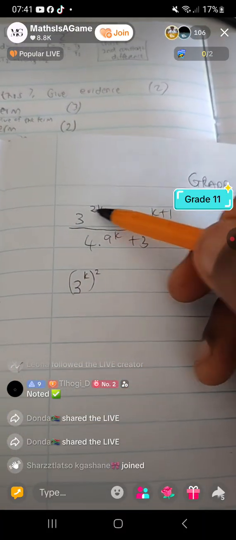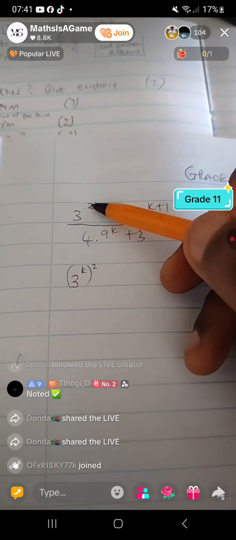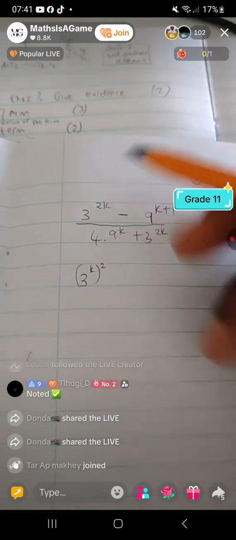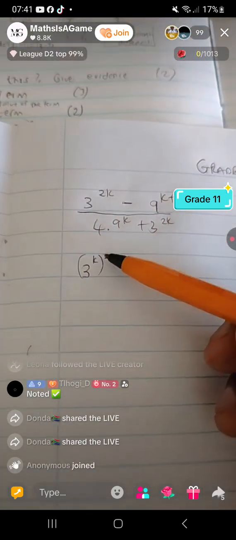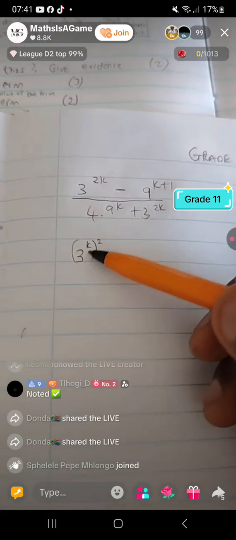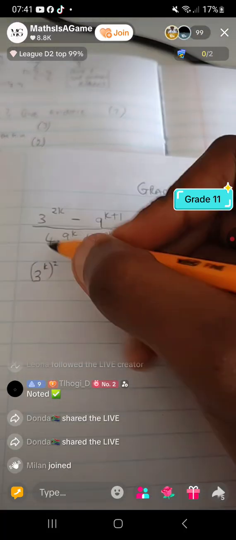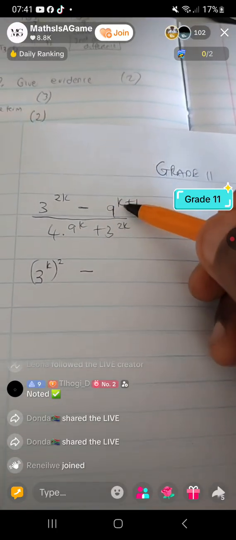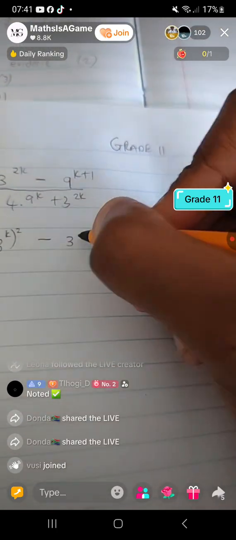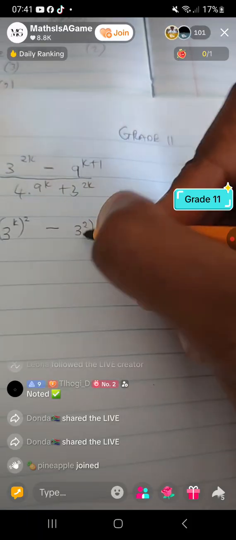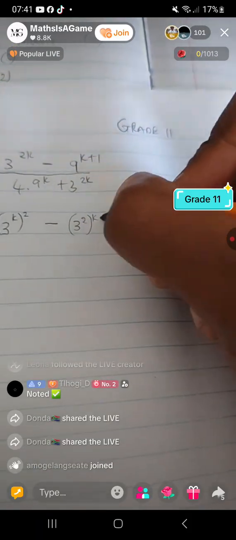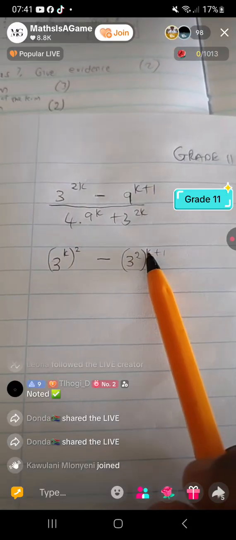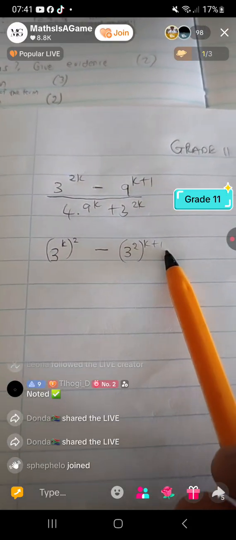Remember, guys, multiplication is commutative. Whether you say 2k or k times 2 doesn't really matter. But for me, it just reminds me there are 2 of these 3 to the power k's. Minus, now this 9, because there's a variable base, I'm going to change that 9 to 3 to the power 2.